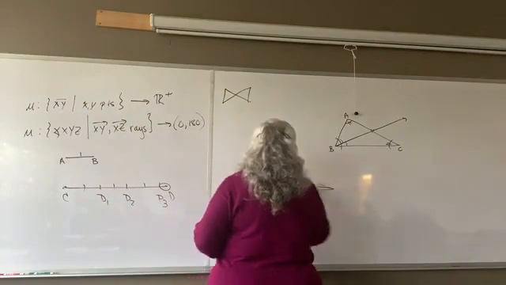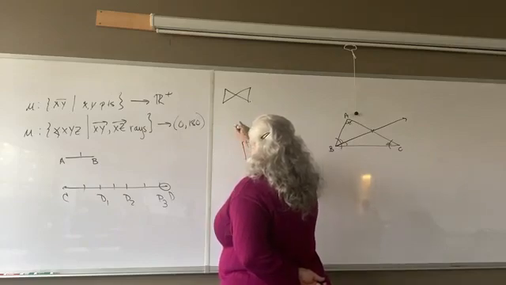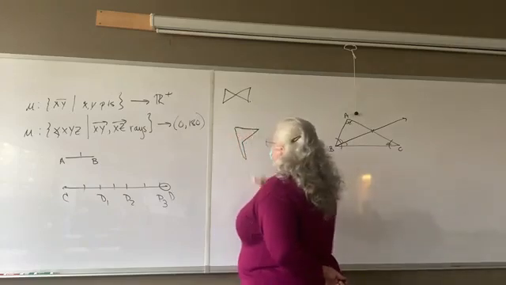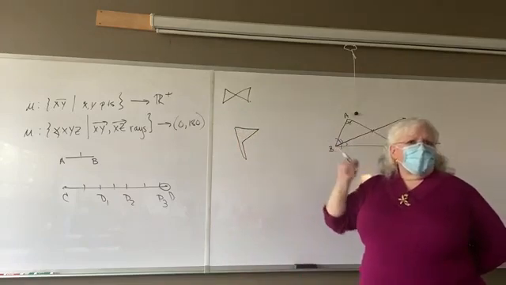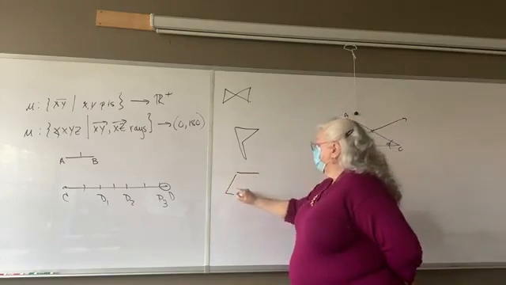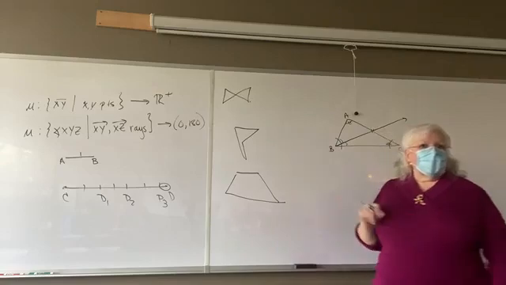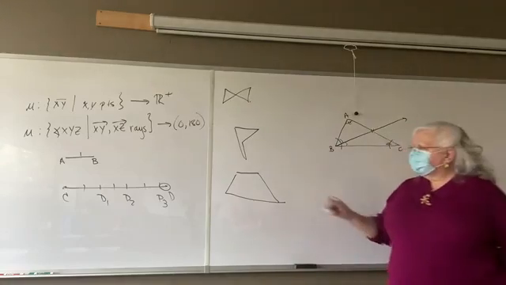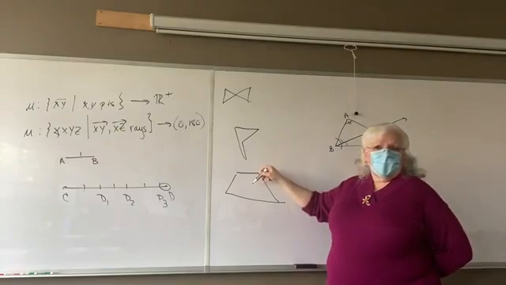But I can have quadrilaterals that are interesting. I could do something like that, where one corner's poked inside, or you can do something like this, where all the corners are poked outside. The ones where you can get an indentation and a corner.